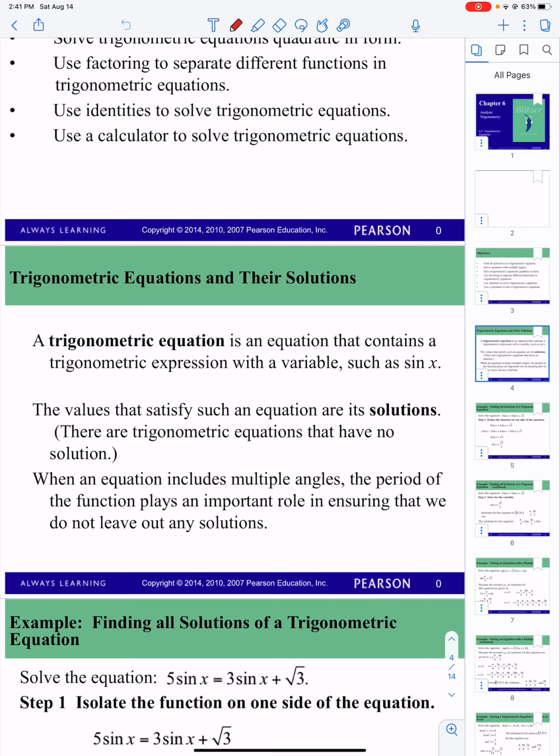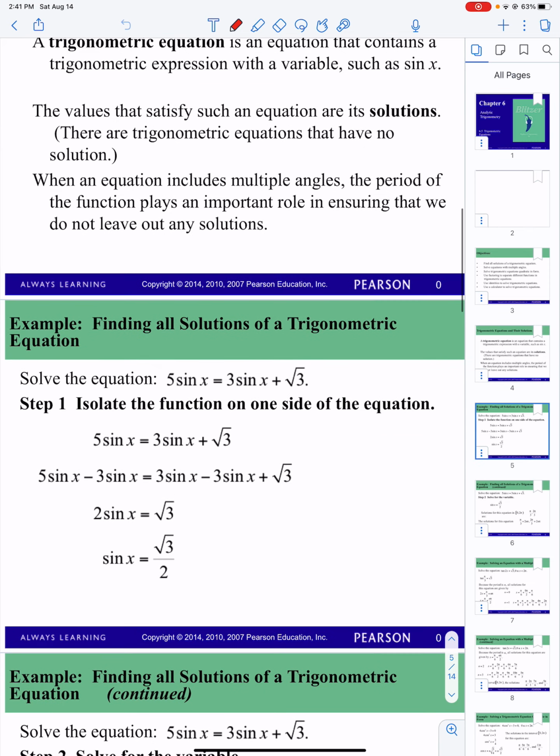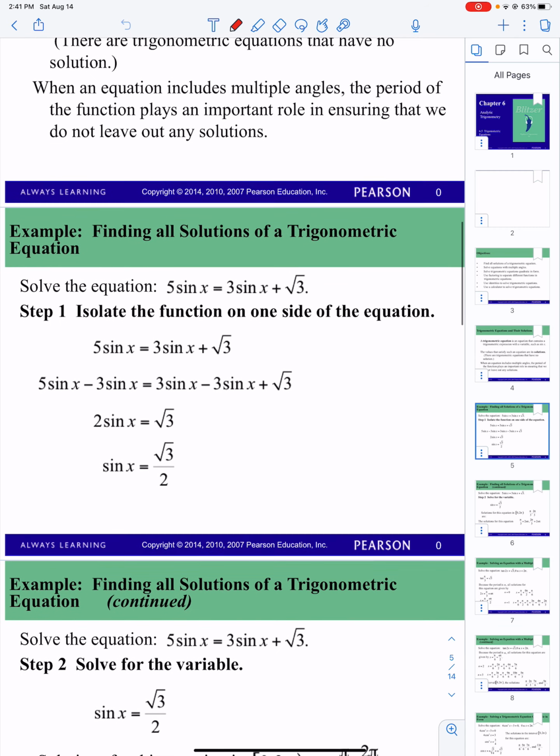Some equations have multiple angles, like sine theta equal to a half. Theta can be 30 degrees or 150 degrees. Think about this. Now let's solve an equation.